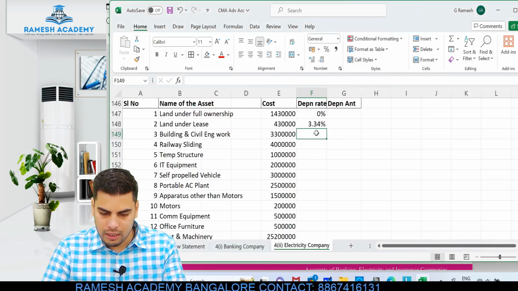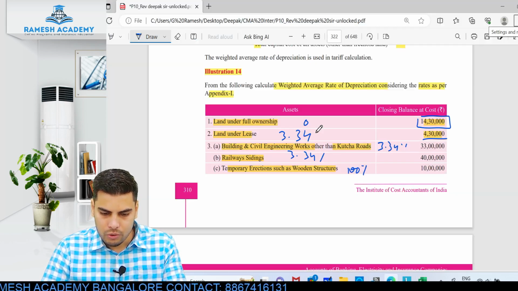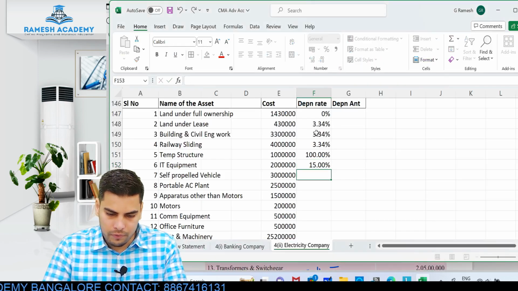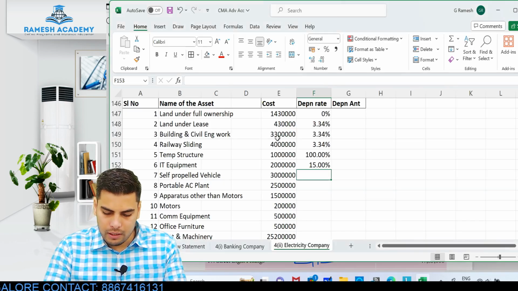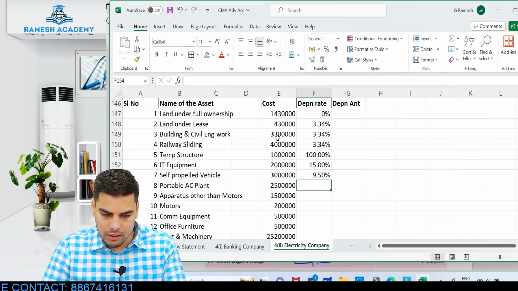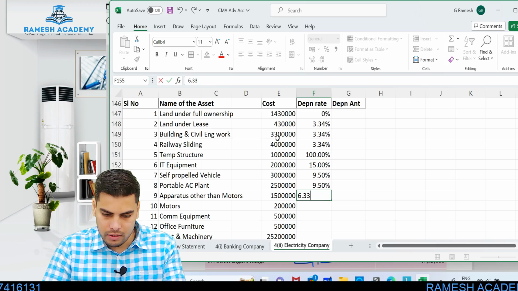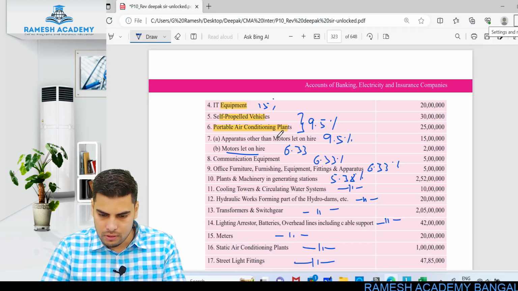3.34 percentage, again 3.34, 3.34, temporary structure it would be 100 percentage. After temporary structure, we have IT equipment which would be 15 percentage. Then self-propelled vehicle, 9.5 percentage, portable AC 9.5 percentage, apparatus other than motors would be 6.33.